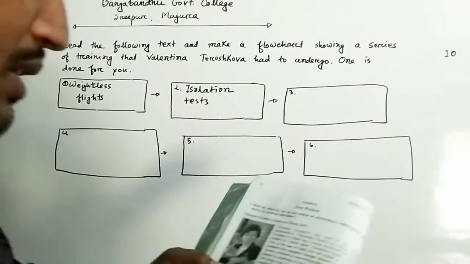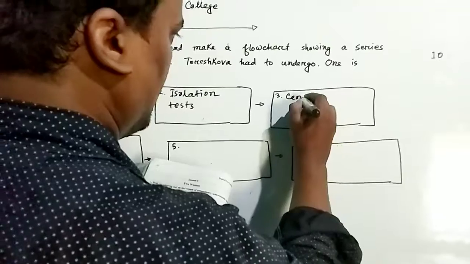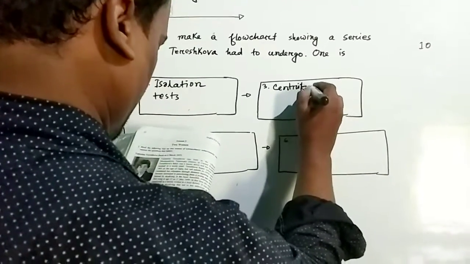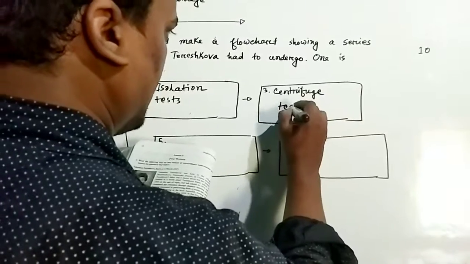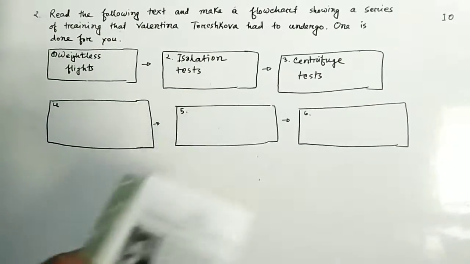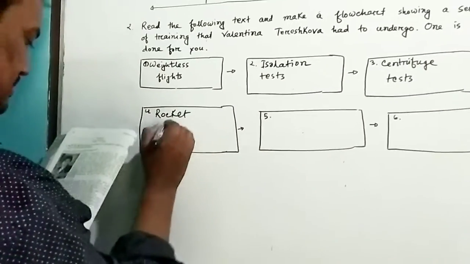The next one is centrifuge test. The third one is rocket theory. So we can write in this way, rocket theory.